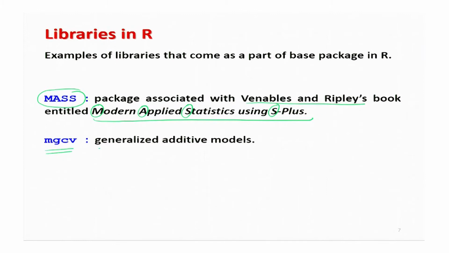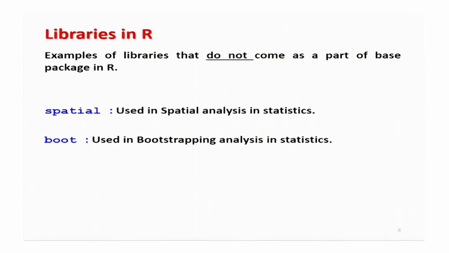This is a library for using generalized additive models. And not only these two, there is a long list which are part of the base package. And two examples of libraries which are not part of the base package are, for example, spatial, SPATIAL, all in lowercase alphabets.